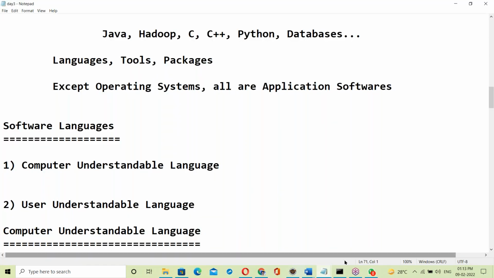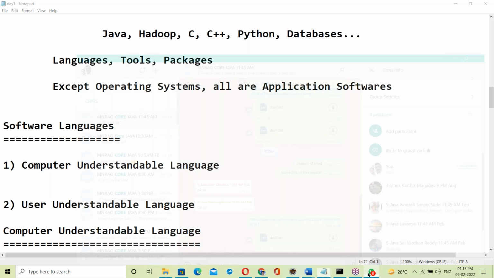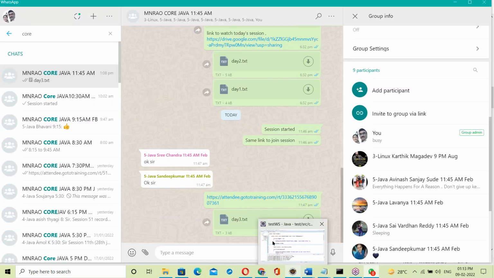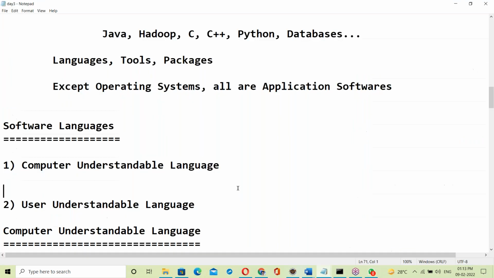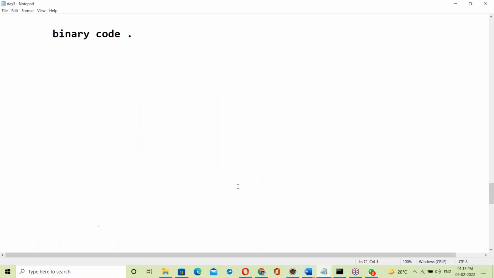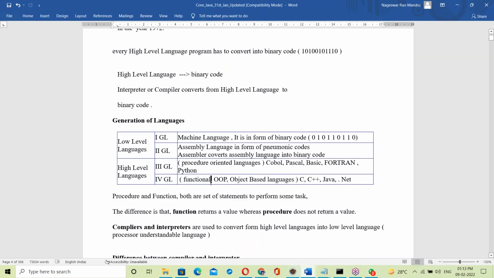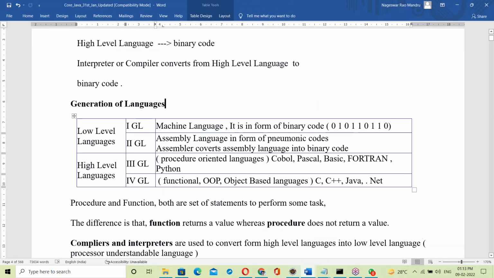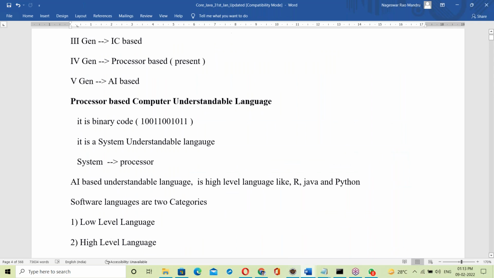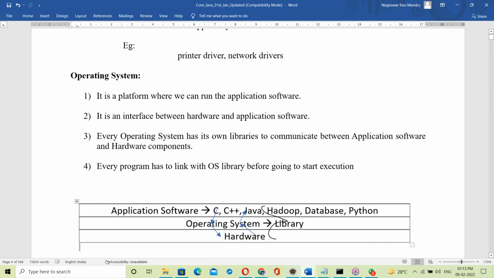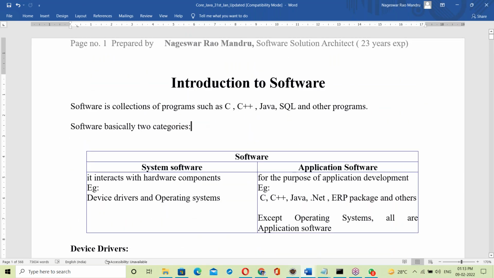Yes, day 3 session shared. Okay, fine. Of course, I'll share this document for you only. Don't worry, guys. In this document, every topic is there, so running notes are not necessary.